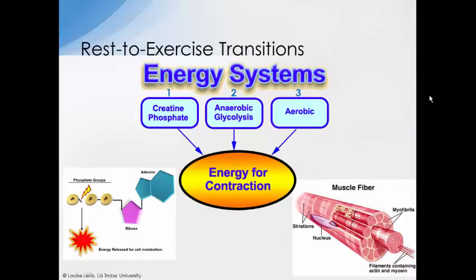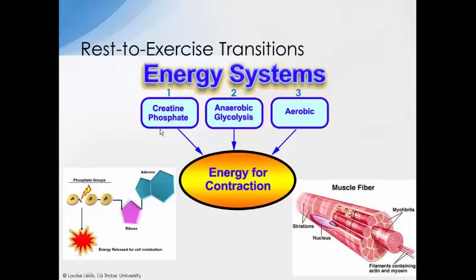This slide is showing you the rest to exercise transitions and the order in which the energy systems are activated. Remember, during exercise, skeletal muscle contraction increases, and we produce ATP in the muscle to support that contraction.